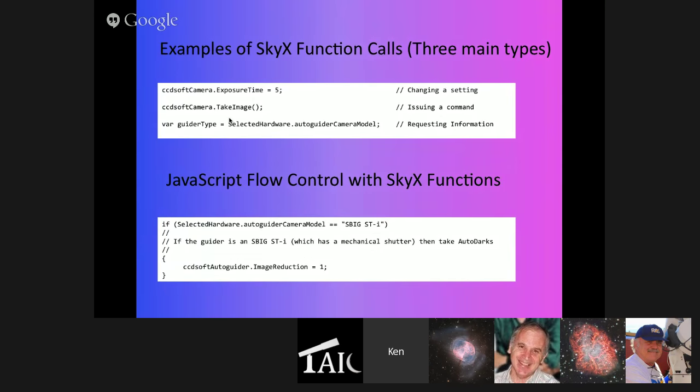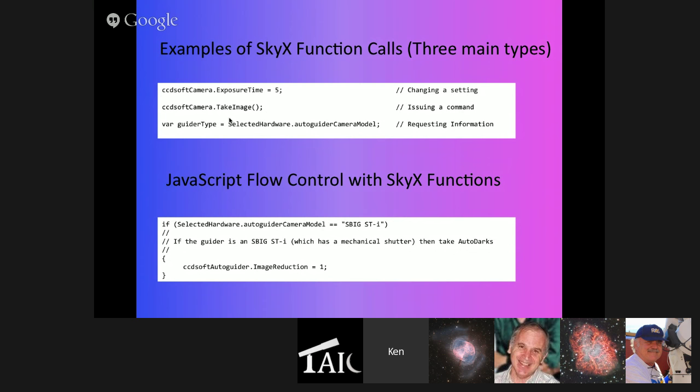And if you look down below, you can see an example of how you can use that. So in my scripts, on my system, I have an STI, which, by God, has a mechanical shutter, right? But I have all these friends that have QHYs and Lodestars, and I got tired of maintaining two types of programs.